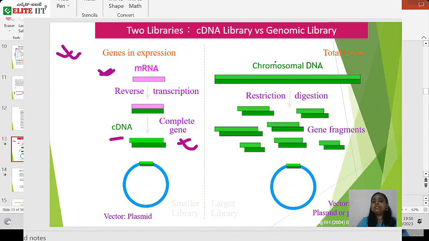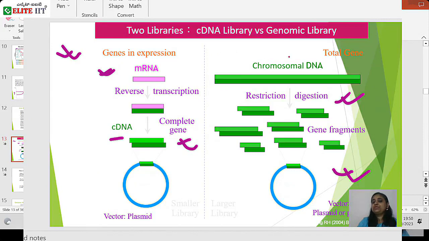You construct the recombinant with this cDNA. Now, if you consider the genomic library, genome means all total DNA, complete DNA set, chromosomal DNA. Now you digest it by restriction endonuclease enzymes. All the gene fragments you make into separate recombinants. So these are known as the cDNA library and genomic library.